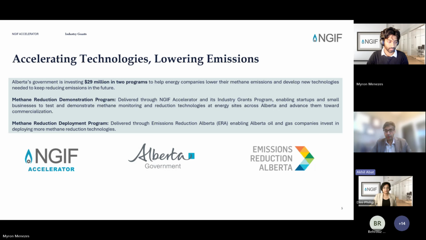So these 2 programs are: the first one is the Methane Reduction Demonstration Program, which is delivered through NGIF. And the second is the Methane Reduction Deployment Program, which is delivered through Emissions Reduction Alberta.